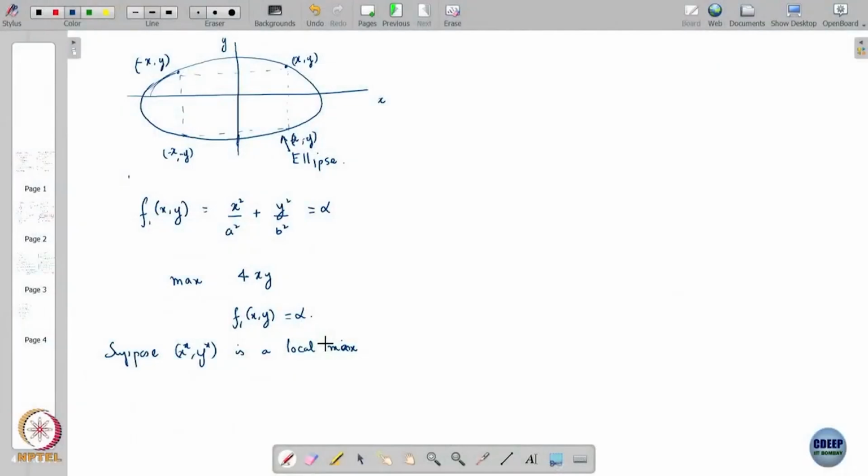Now let's look at a point like this. Suppose (x star, y star) is a local maximum of this optimization problem. Now, can someone tell me, without loss of generality, can I take either x star or y star as non-zero?